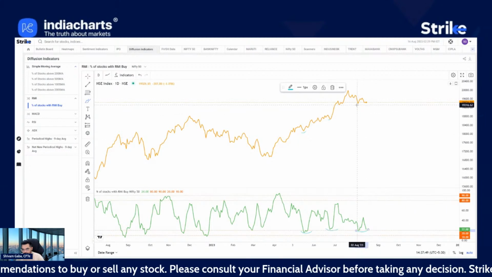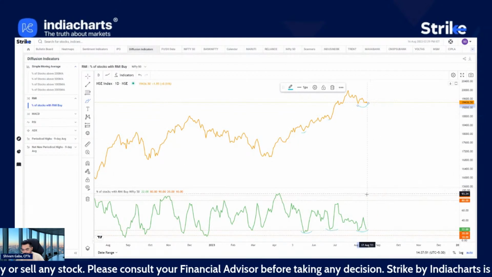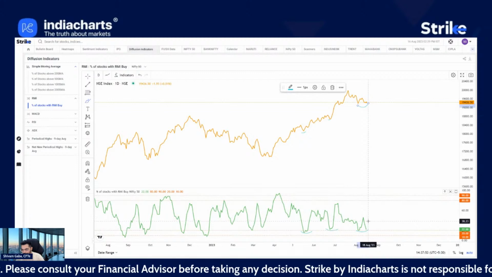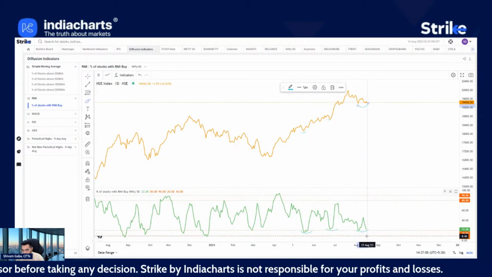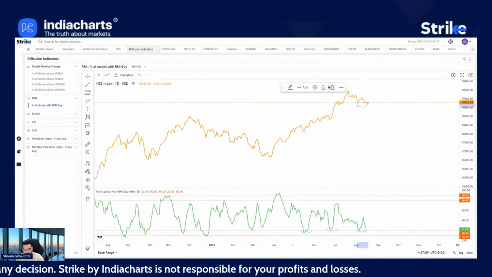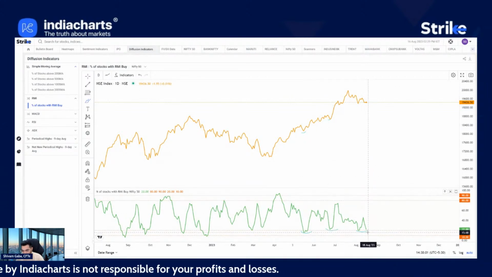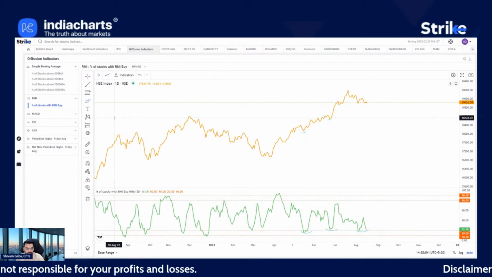So this is a good zone for it to reverse. If it doesn't, then we need to wait and watch for it to fall down further to the 10 mark and then again reverse. So we're already in the lower territory for this particular indicator.